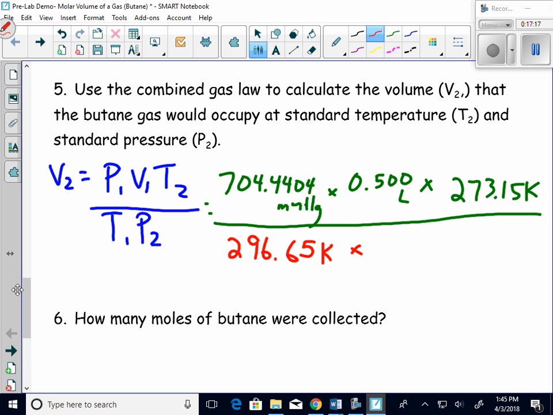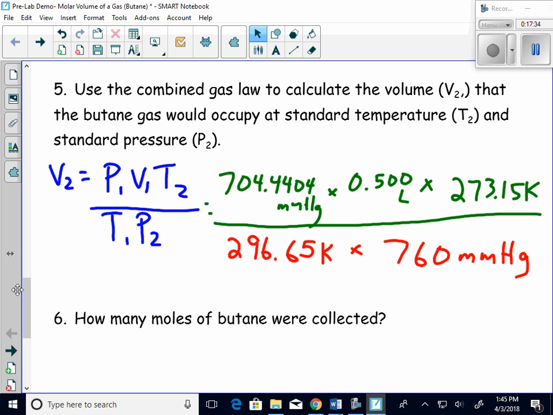Look at that label. It's in millimeters of mercury. So I have to use millimeters of mercury. I happen to know that at standard temperature and pressure, standard pressure in millimeters of mercury is 760.